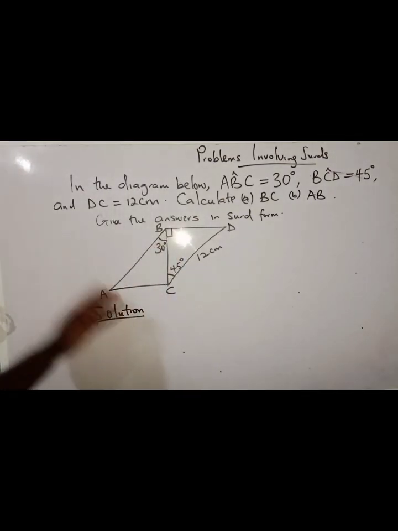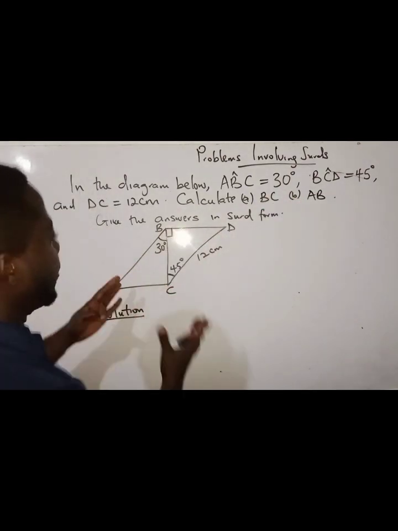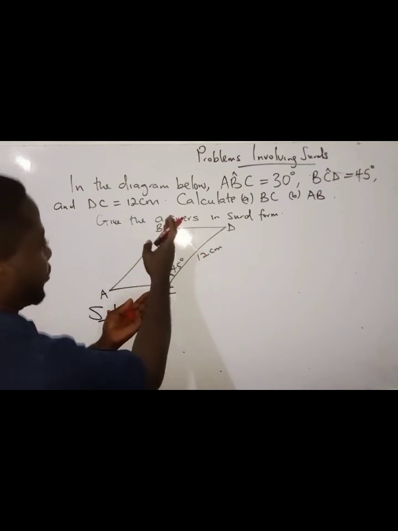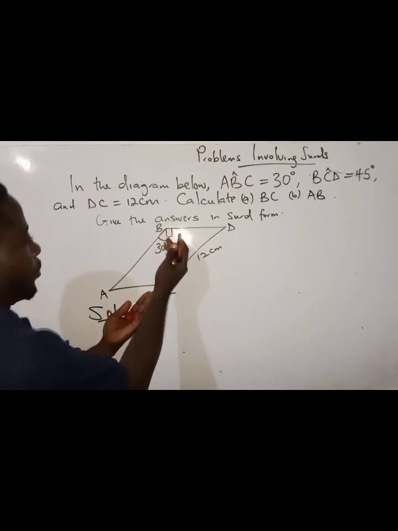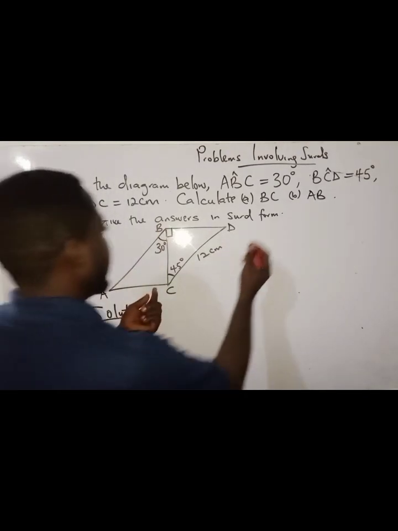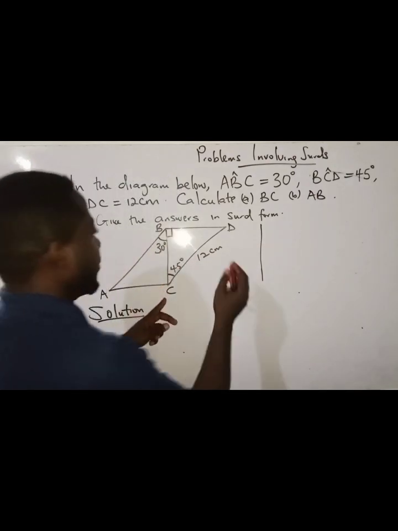Now the first thing to do, because we are asked to find BC. As you can see, this diagram is a combination of two triangles, so I can just separate the triangles for easier solving.